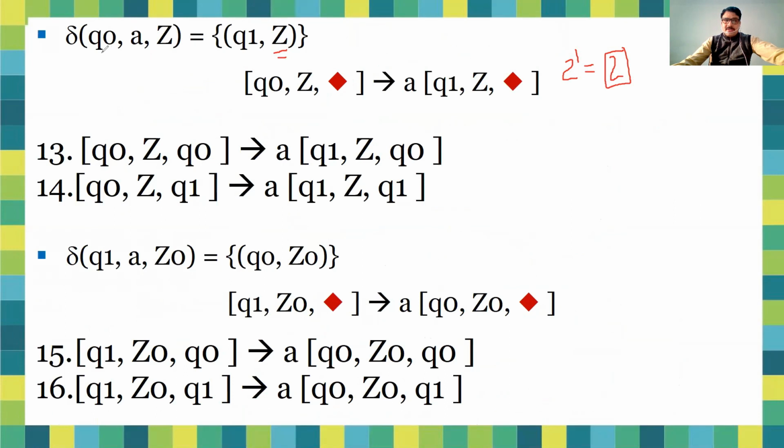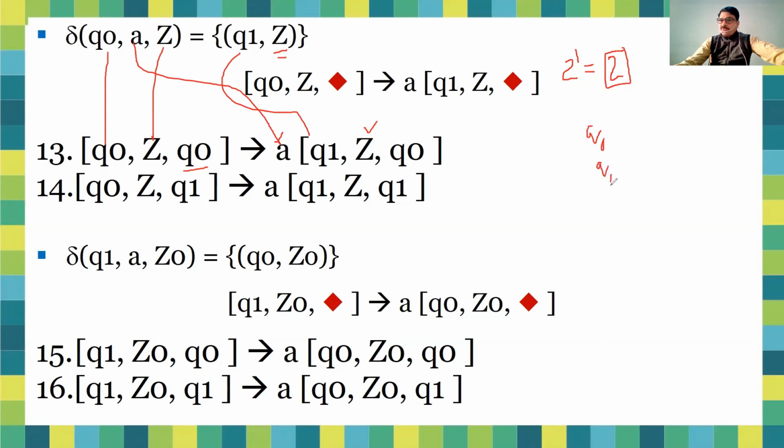So how can we write it? Just copy here Q0, this is Z. This A will be carried to here, and just keep this position blank, right? And then the new state Q1, that is Q1 Z. Only one symbol is there, so 2 to the power 1, that will be two possibilities. Now the two states are Q0 and Q1.